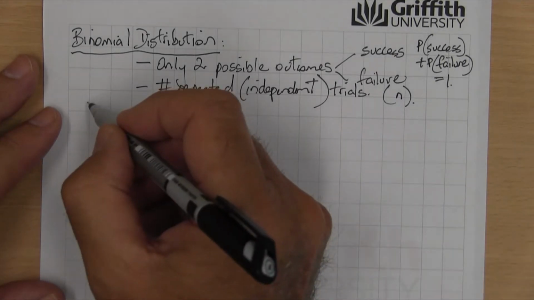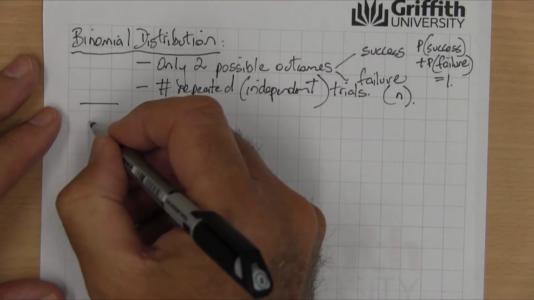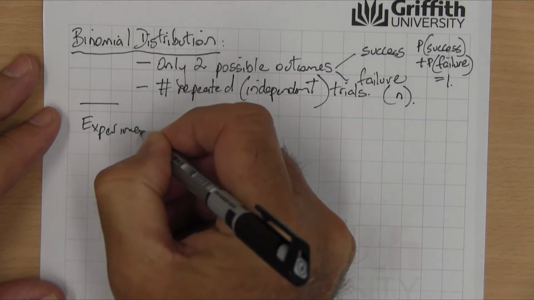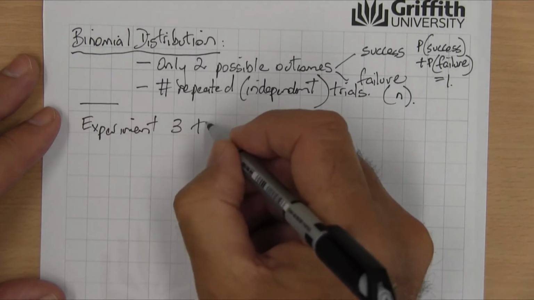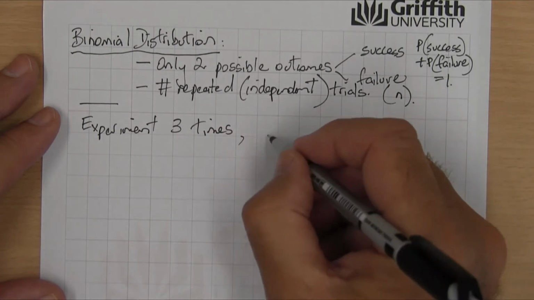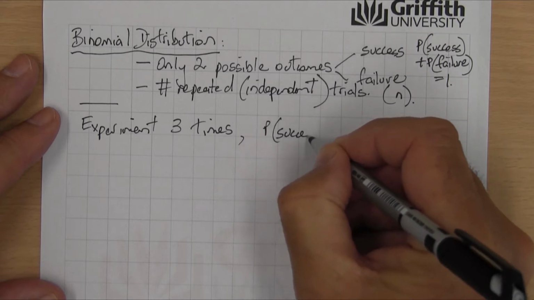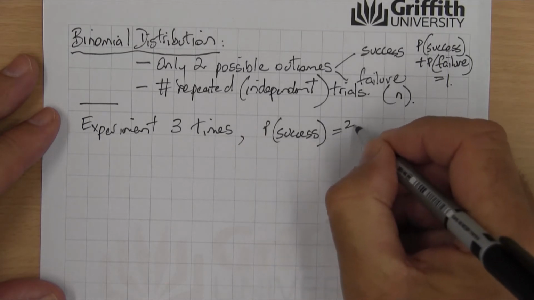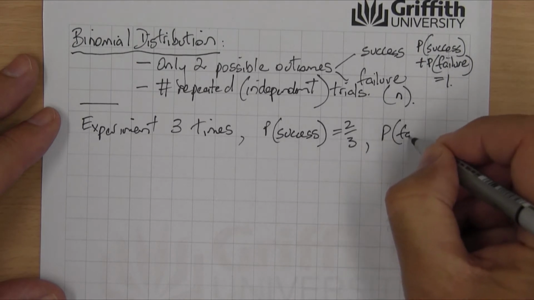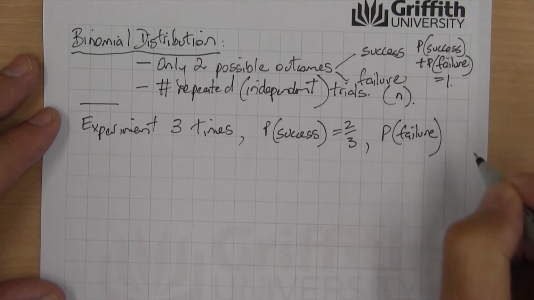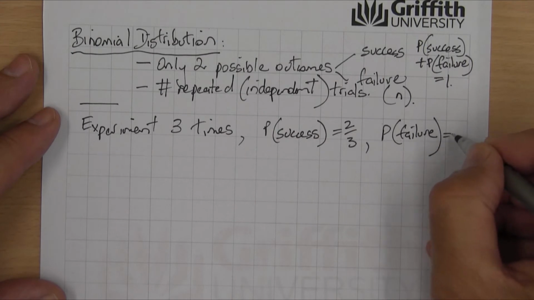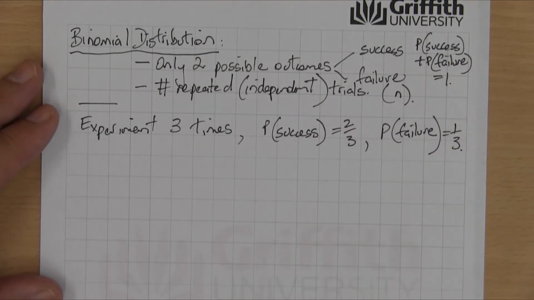So let's just look at a quick little example. So suppose you perform an experiment 3 times, and the probability of a success is equal to 2/3, and the probability of a failure, you know what it is, 1 minus the probability of success, because these two got to add up to 1, so the probability of failure must be 1/3.